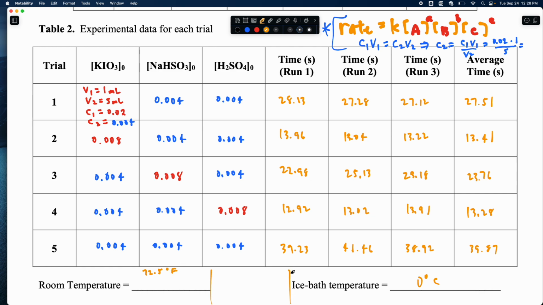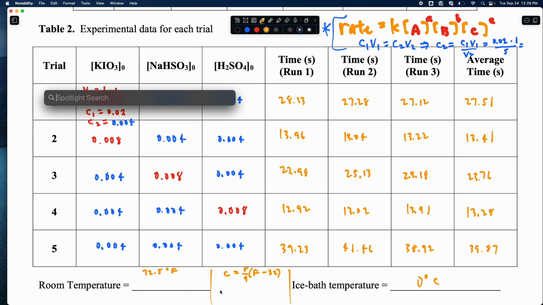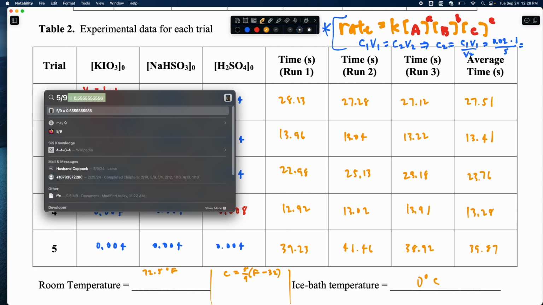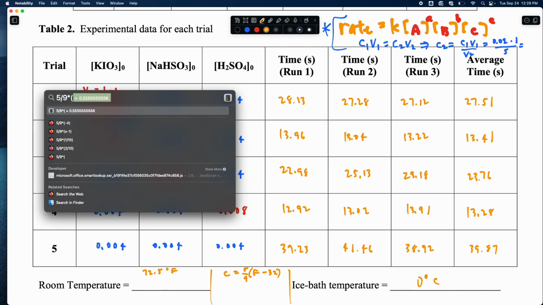We know that Celsius is equal to Fahrenheit minus 32, and then it's a smaller scale, so it's 5 divided by 9 times 72.5 minus 32, which is 22.5.